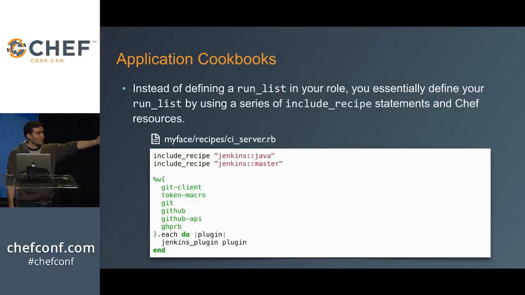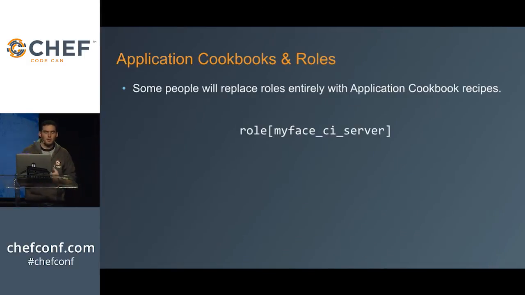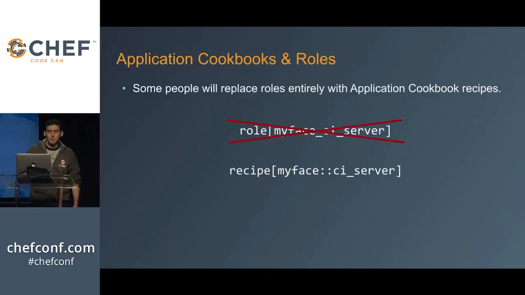So if we had a theoretical CI server recipe in our MyFace cookbook, we would set up our Jenkins server and then install a bunch of plugins that were necessary for our CI pipeline, which means that instead of having role MyFace CI server, you could technically have recipe MyFace CI server in your run list. They would do theoretically the same thing if the recipe contained all of the bits and pieces that the role had originally.